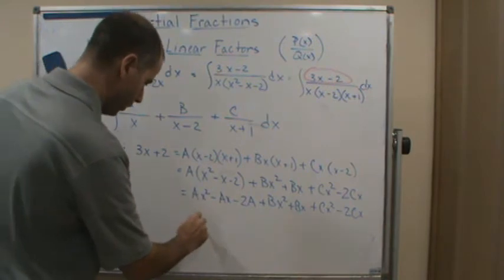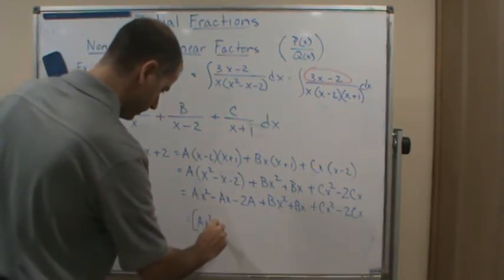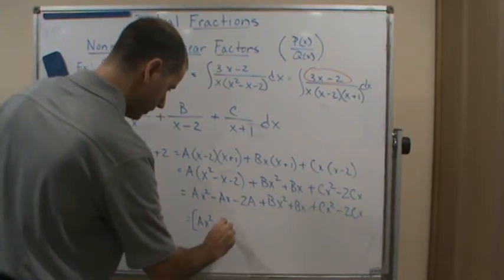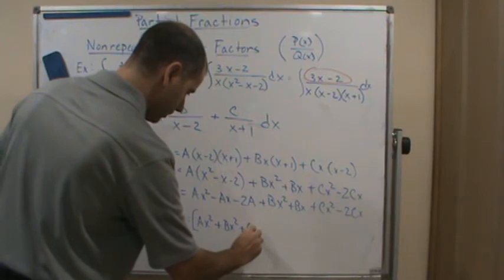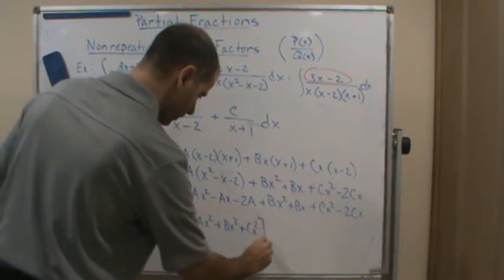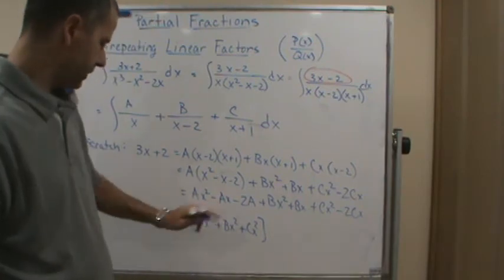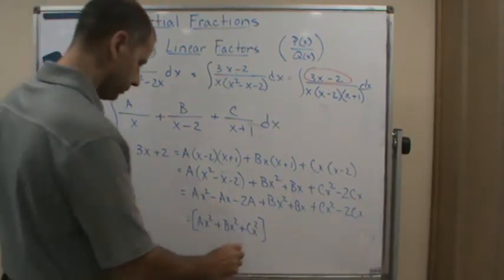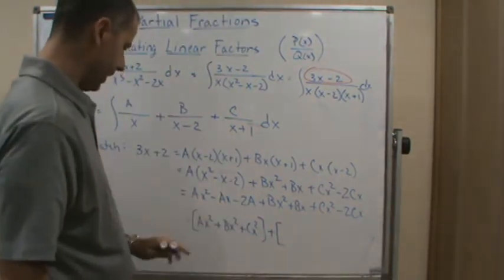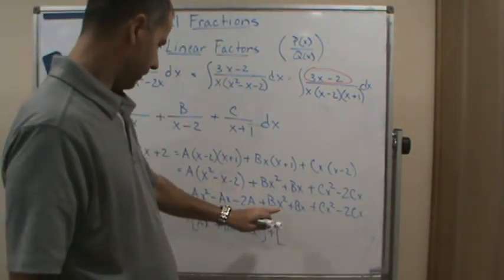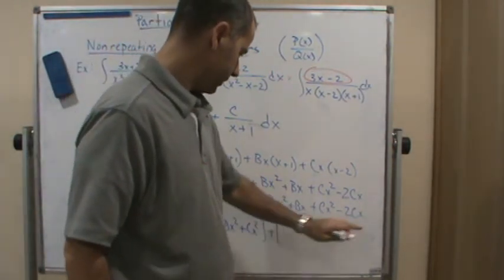So I'm going to put those together. And then I'm going to put the x's together. So I've got a minus ax, I've got a plus bx, and I've got a minus 2x.